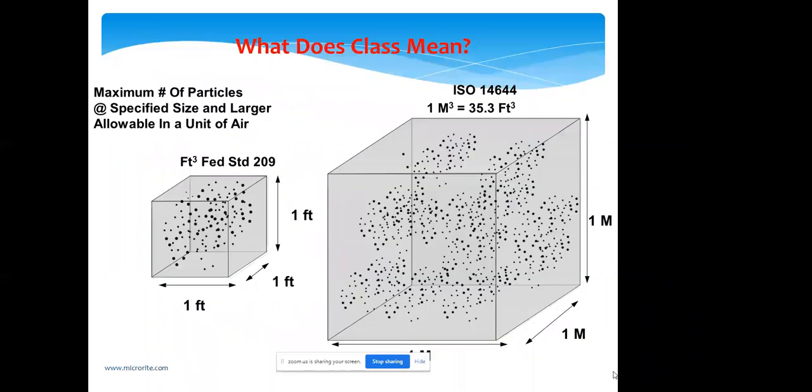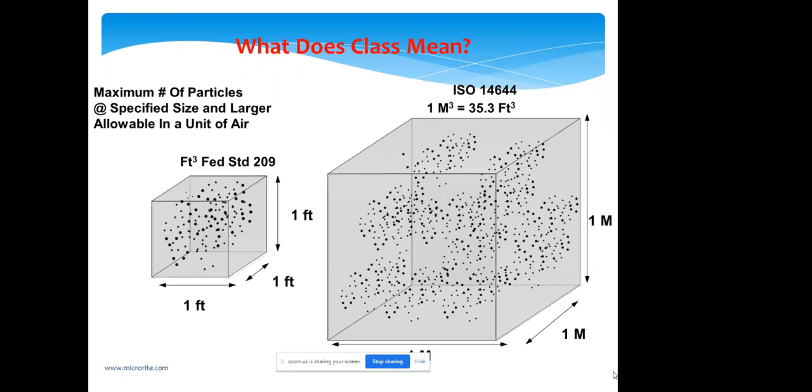So clean room cleanliness is based on particles. You have decided that you are going to have a microelectronics clean room, and you want your clean room to be a class 5 or class 100. So what does that mean? That means the particles for a class 100 or a class 5, these are the same.